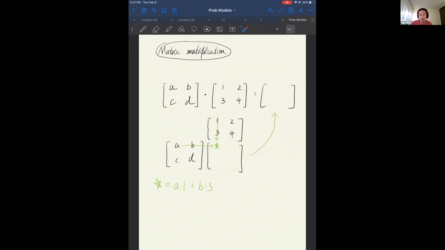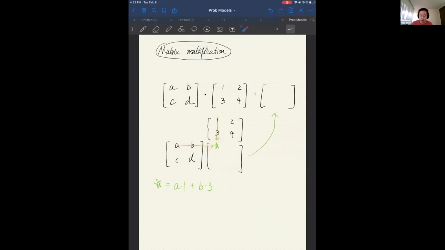For example, for the first entry here at the star, it's a 2 by 2 matrix that has four numbers in it. The star is generated by the first row of this matrix and the first column of this matrix.